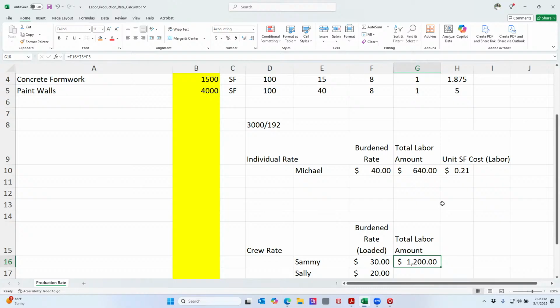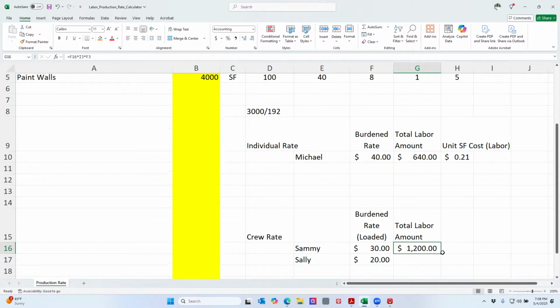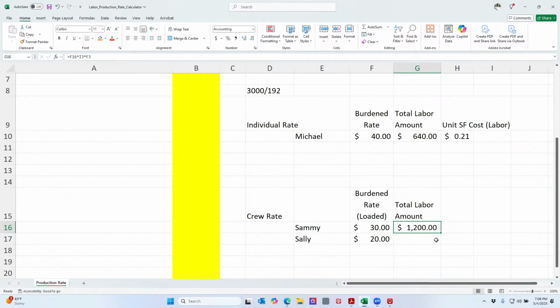Okay. So that's Sammy's cost. That's for his 5 days and his 8 hours per day. So 40 times 30. Same way with this person. Okay? I'm going to do the same thing.